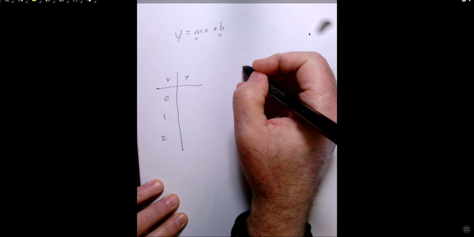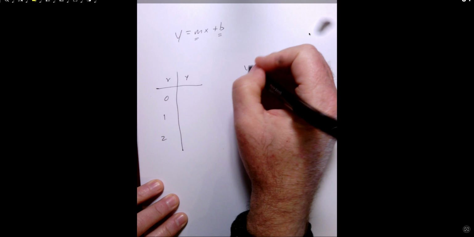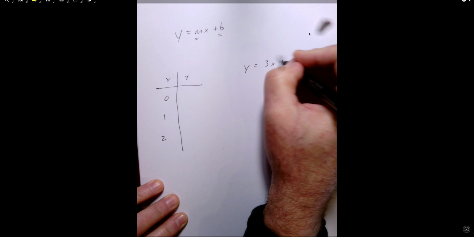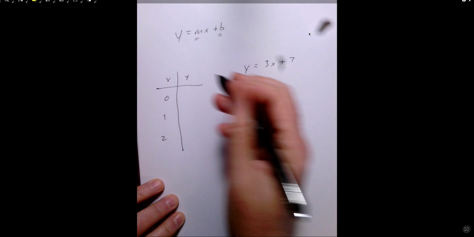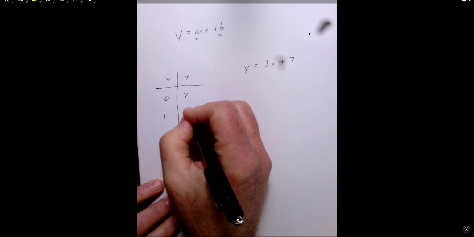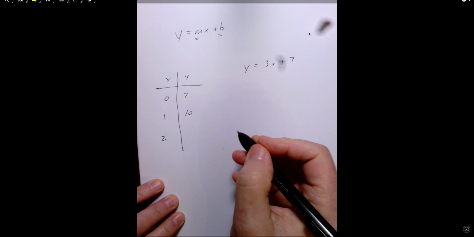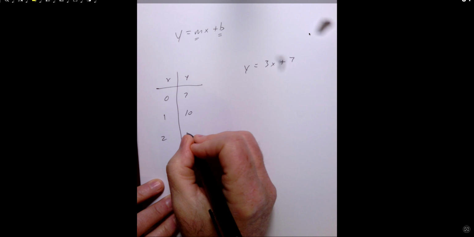And I say, well, what would the table look like for y equals 3x plus 7? Well, we put 0 in there, we get 7, and we get 10, and then we get 13. All right.